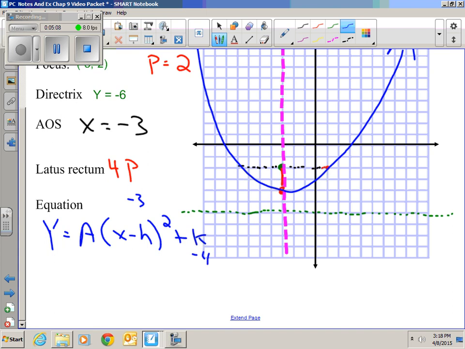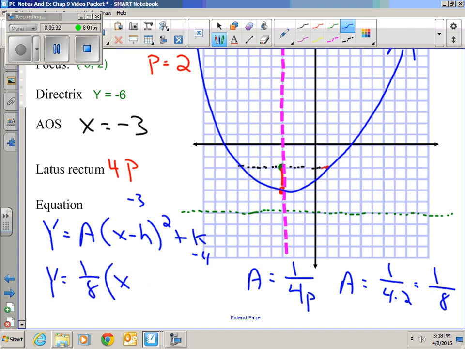And a, we're going to get by saying a is equal to 1 over 4p. Well, p was 2, so a is equal to 1 over 4 times 2, which of course is 1 over 8. So a is 1/8, so our equation when we're all said and done is y equals 1/8 times x plus 3, minus 4. And don't forget your squared. So there is our equation right here.